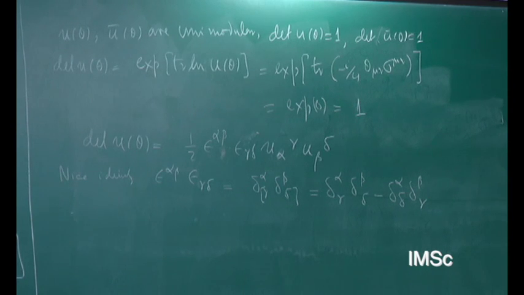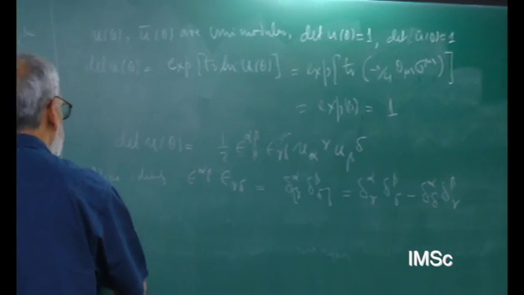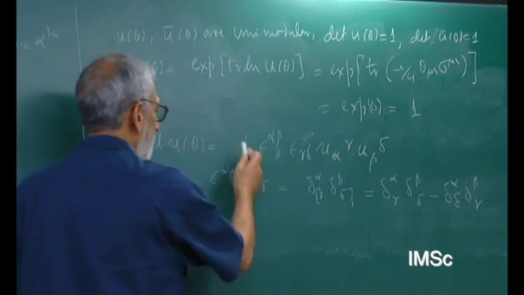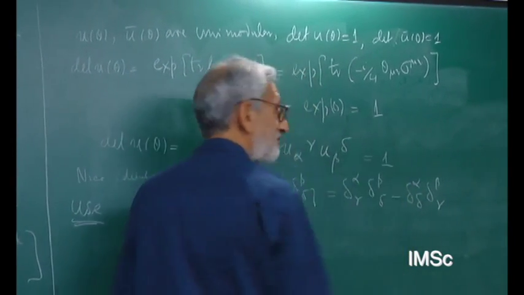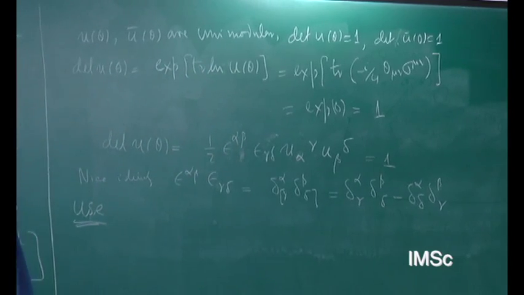Use this property and the definition of determinant. Now this object is equal to 1, the determinant of U is 1.